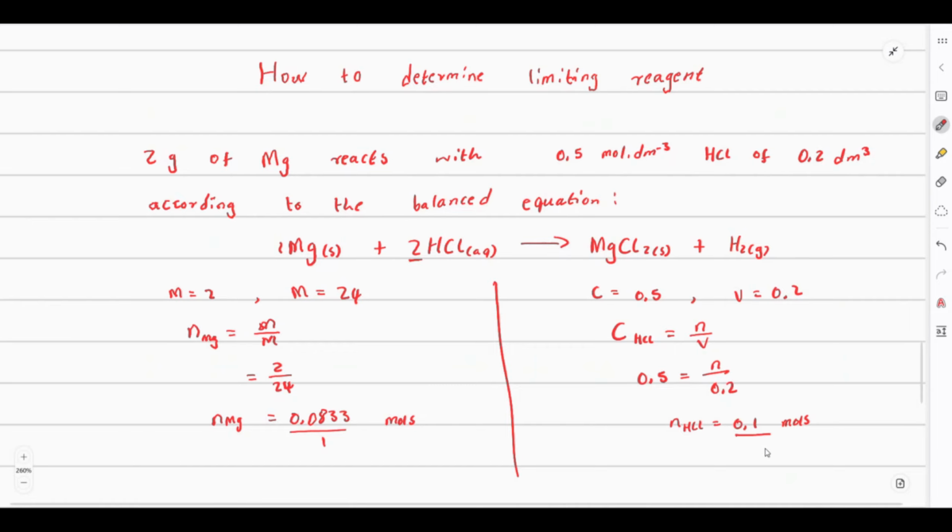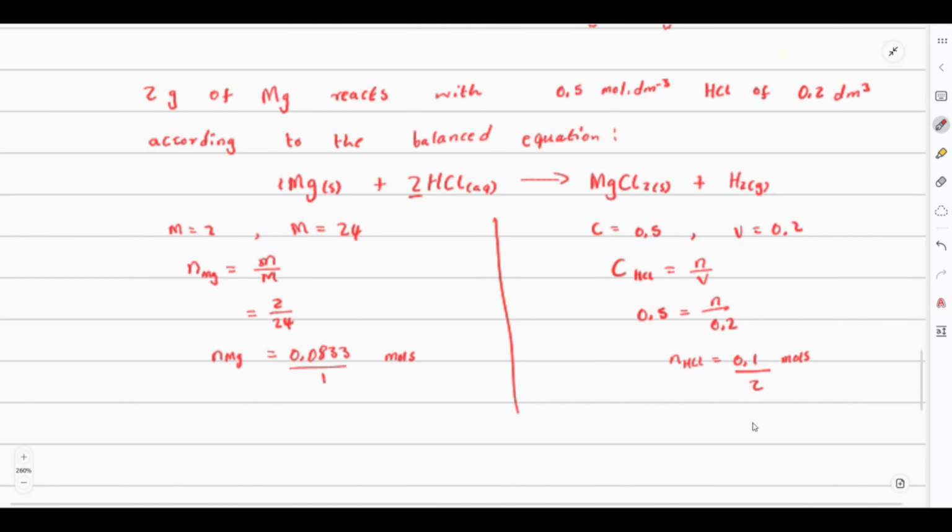Here, when I divide by 2, 0.1 divided by 2 gives me 0.05 moles. And here I have 0.0833 moles.